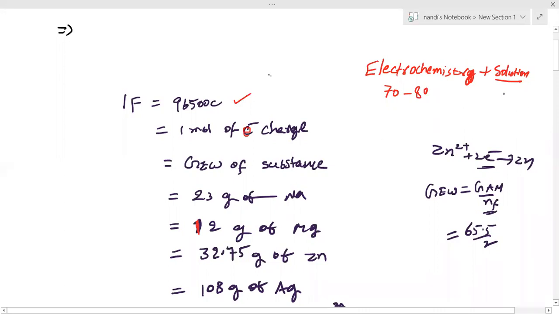I am going to add only the solutions chapter; that will be decided by the syllabus fix. If anything changes, only electrochemistry will be there. Otherwise the solutions chapter is already done. You wrote 2 to 3 exams in solutions. Still, prepare and do your exam.